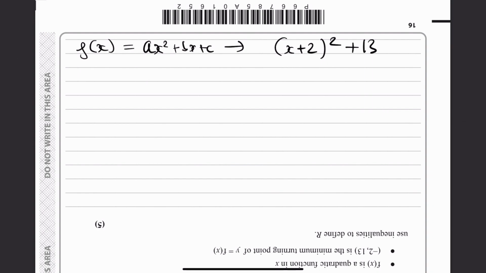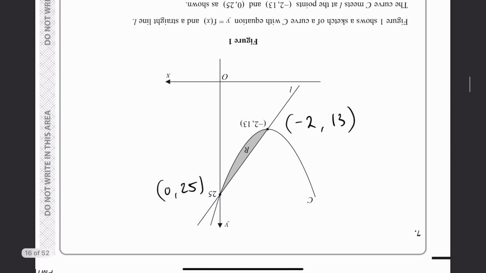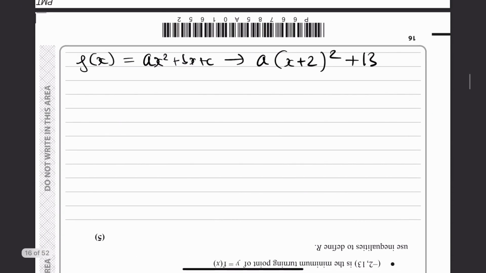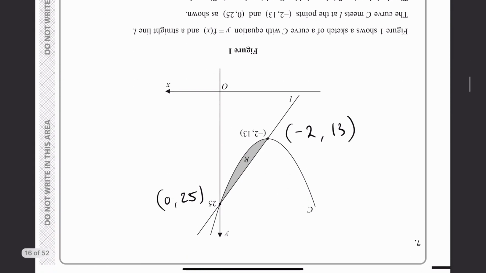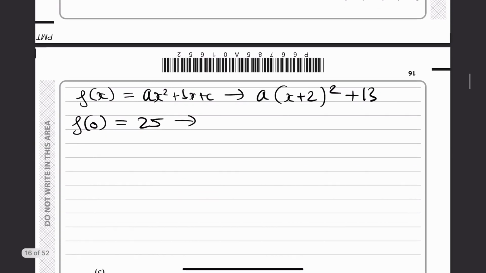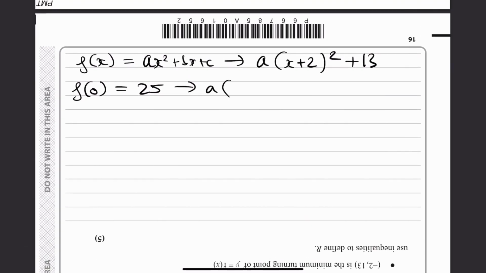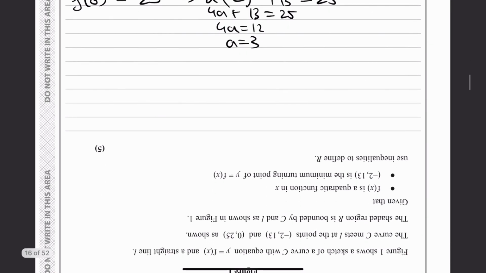But obviously when you complete the square, the coefficient of the squared bit doesn't really matter, so we still have this, and that's why we use this y-intercept to work it out. So we know f of 0 has to be equal to 25, the point 0, 25. So if x is 0, a times 2 squared plus 13 is equal to 25. 4a plus 13 equals 25. 4a equals 12, so a equals 3.